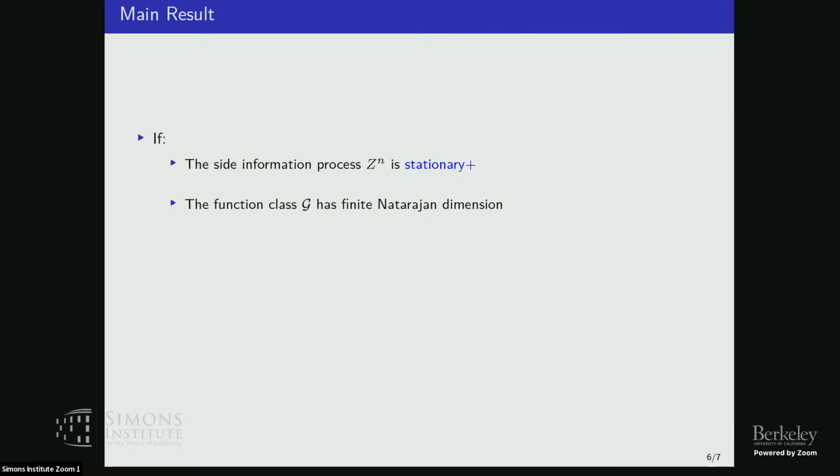And the second condition, that the class of state functions has finite Natarajan dimension, which, if you haven't heard of, is just a generalization of the VC dimension to function classes that are supported on more than 2 outputs, because in our case, we might possibly have more than 2 states. If these 2 conditions are met, then we're able to construct a portfolio selection strategy that achieves sublinear expected wealth ratio, and the exact non-asymptotics depend on the nature and properties of this process Zn.